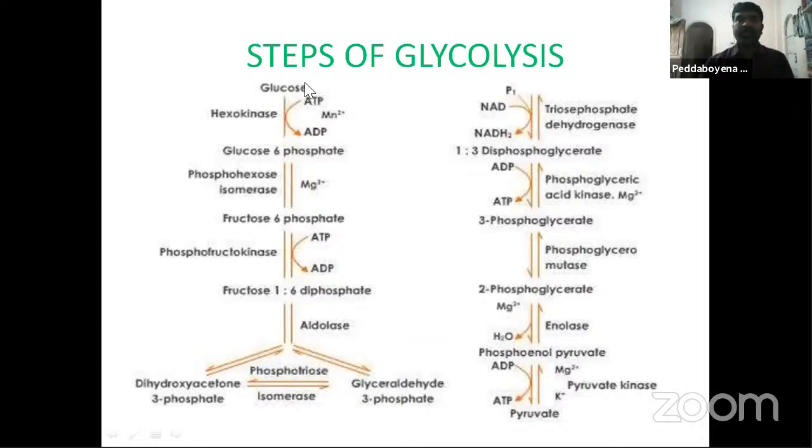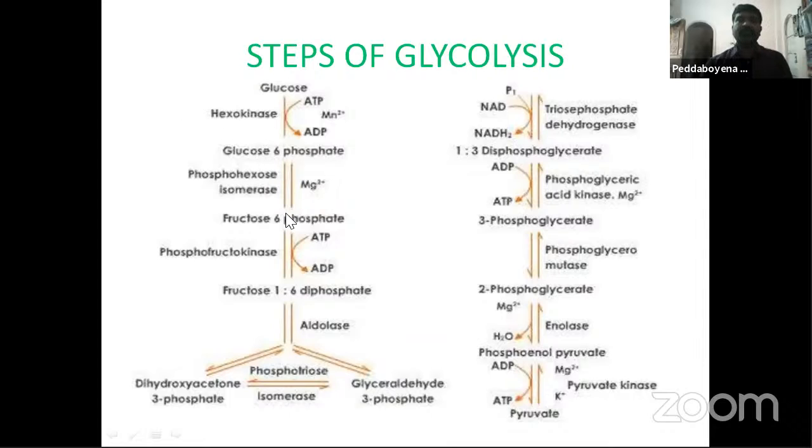First you should write glucose plus ATP gives rise to glucose 6-phosphate plus ADP, in the presence of hexokinase. On the arrow mark you should write hexokinase. The reaction is phosphorylation.